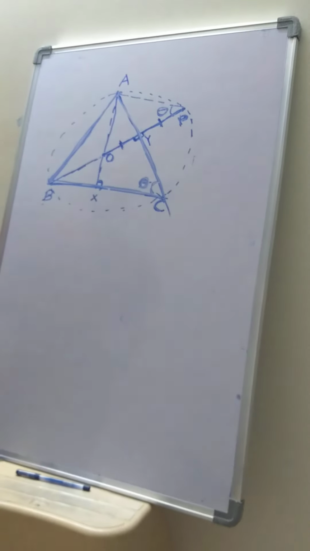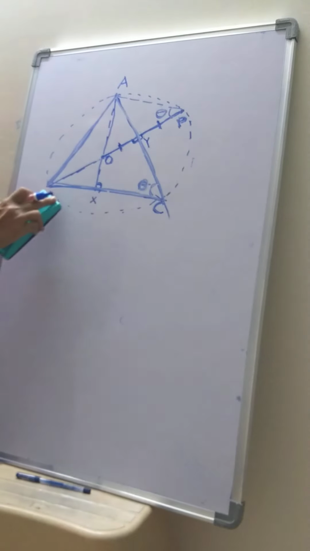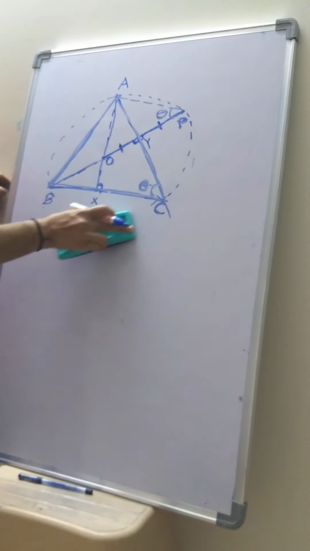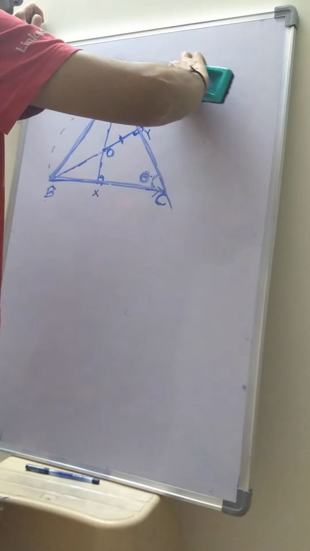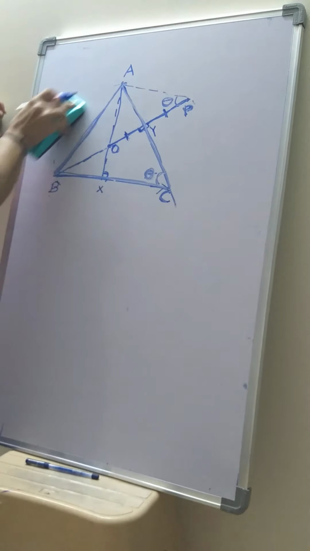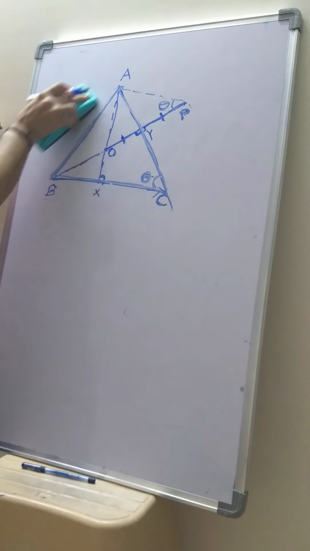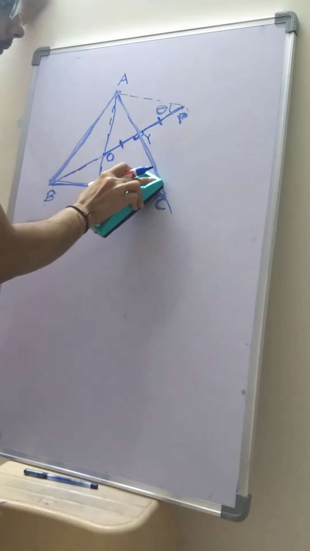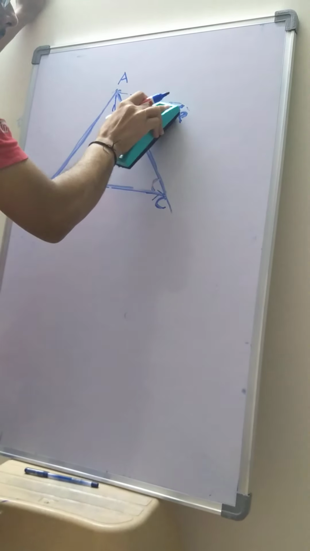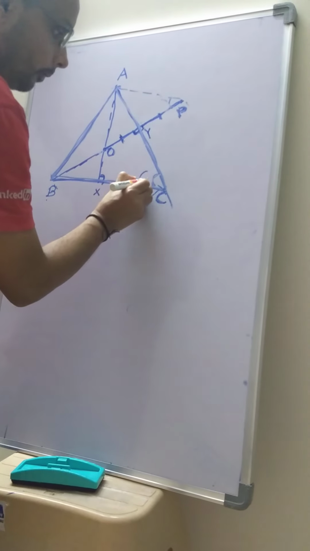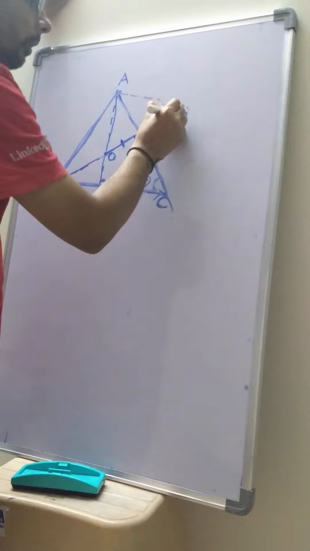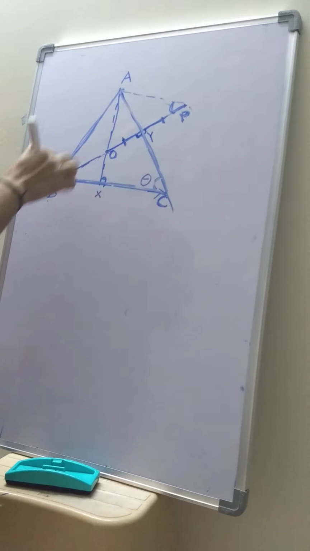So how do you get that? Okay, let me erase all of this. So one way is, let's assume this is angle theta, and you try to find this angle in terms of theta.